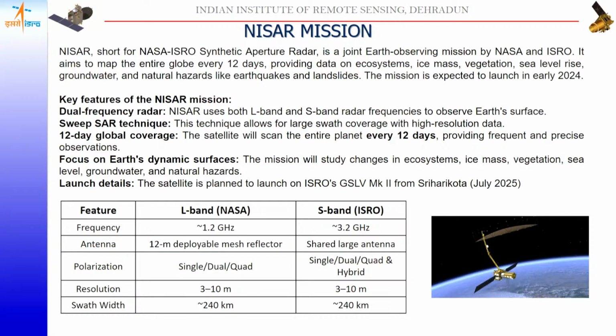Once all the system parameters are corrected, it is open globally for different applications. The main applications are interferometric and polarimetric, so different applications related to interferometry and polarimetry can utilize this data.